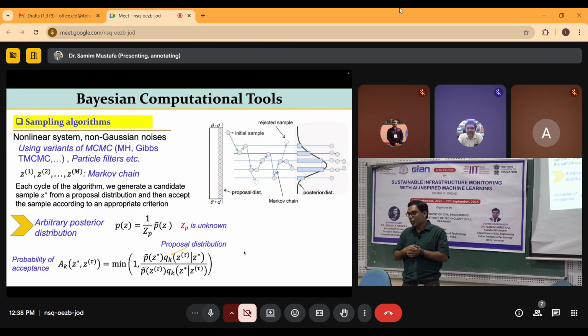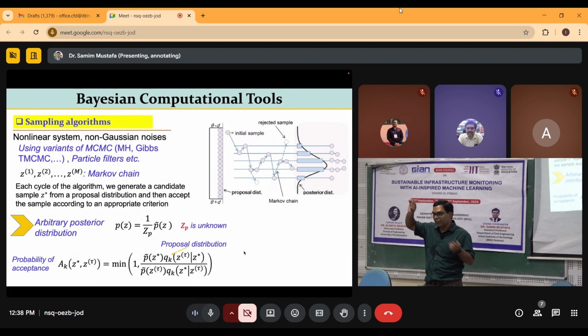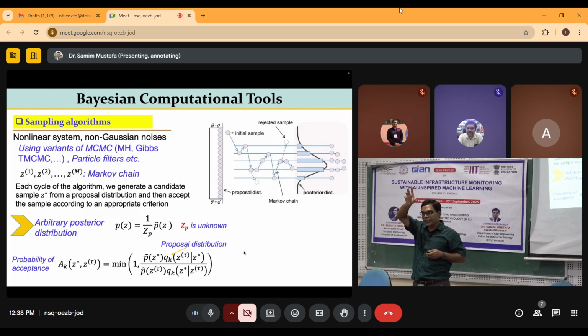What they basically do is draw a sample from this type of proposal distribution. You assume a proposal distribution because you have to evaluate that posterior distribution. If you assume a Gaussian distribution for the prior and likelihood function, then you can represent it in a closed form. But if it is non-linear, non-Gaussian, then your posterior PDF is very complex.